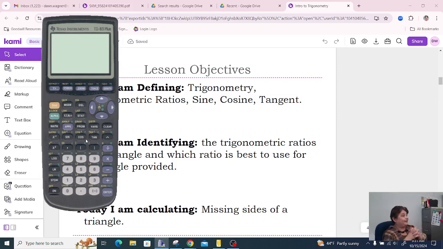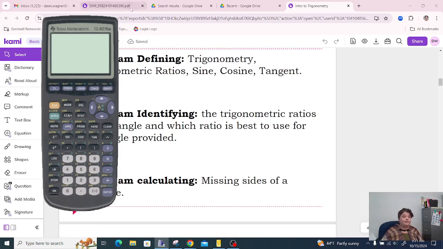But now we are lucky because they store it in a calculator. And so these are just numbers that are stored in your calculator that are ratios, okay? So we will use them to find missing sides and angles.